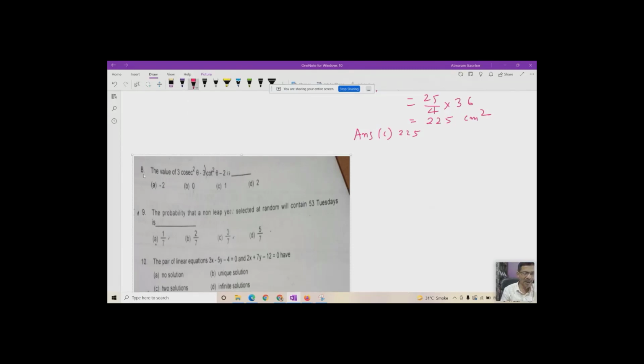Now, the next question is question number 8. In question number 8, you have to find the value of 3 cosec square theta minus 3 cot square theta minus 2. What is the correct answer? Please type your answer in the comment box.